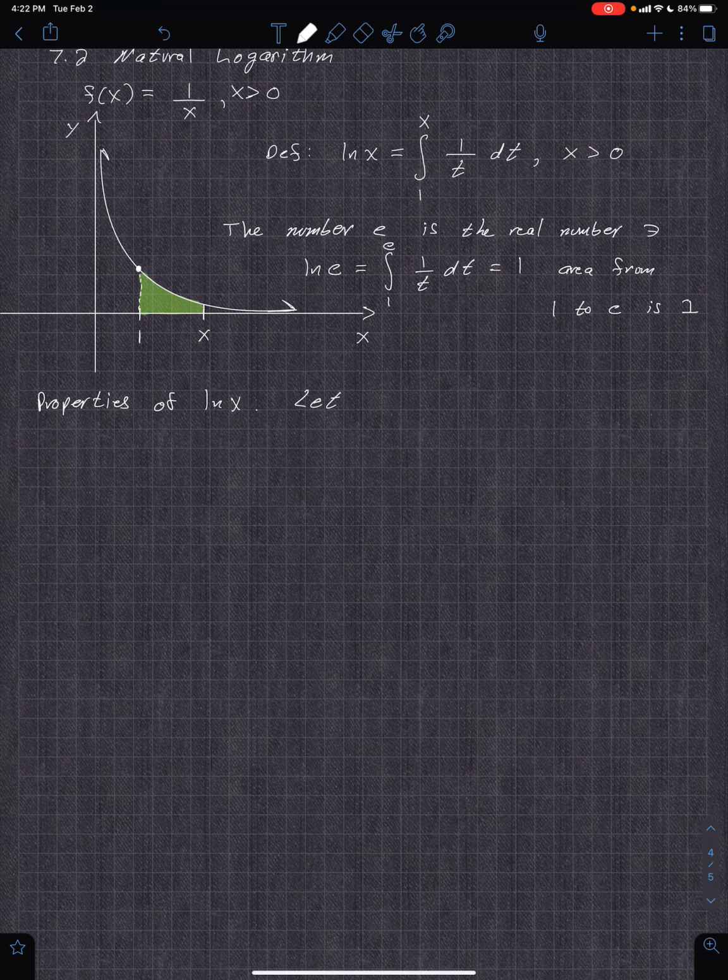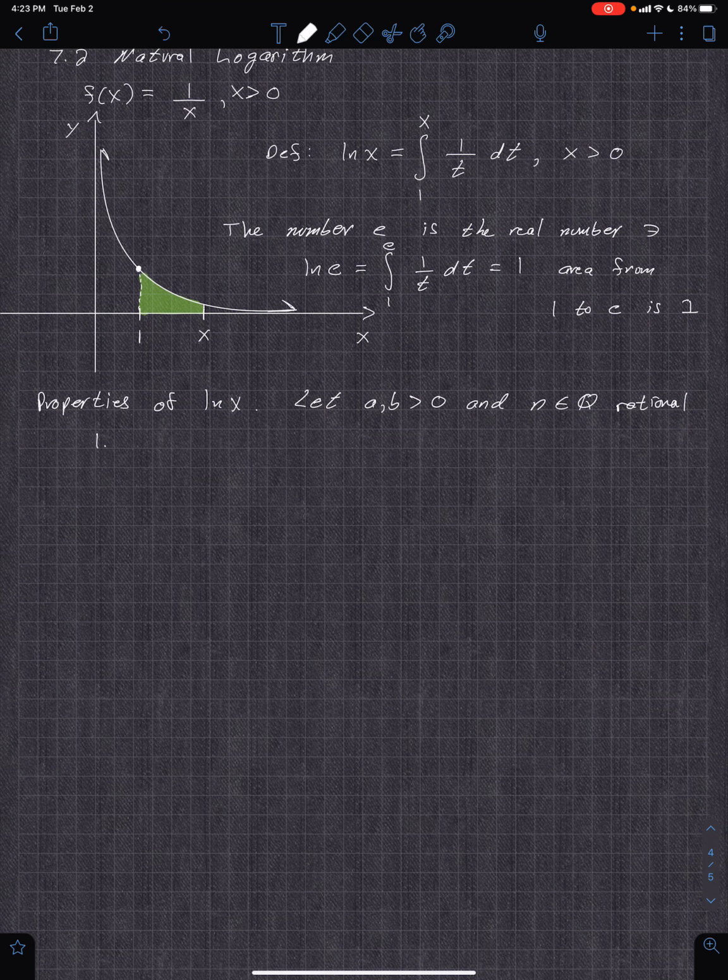We will let a and b be greater than 0, and n is rational. That'll be a power, but it doesn't really matter; that's how they define it in the book.